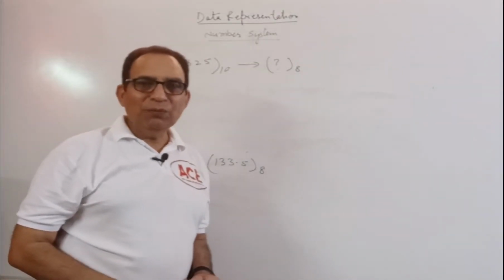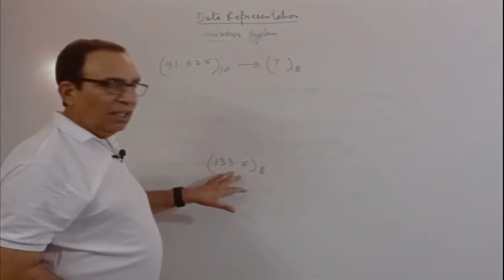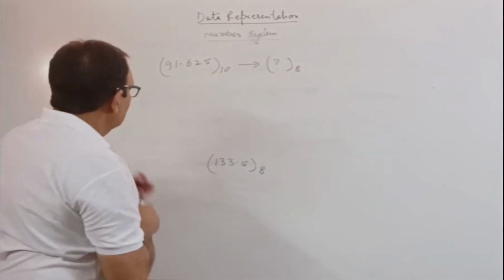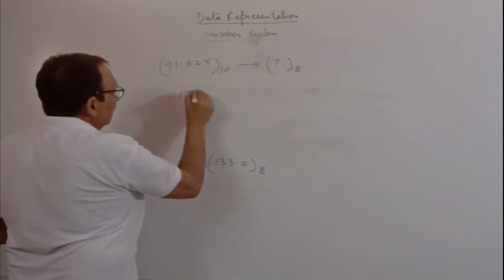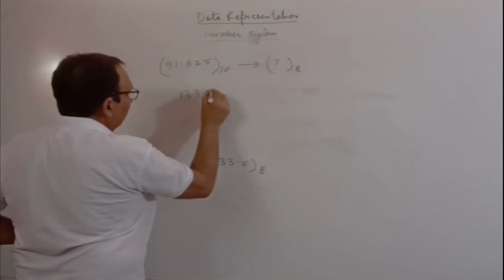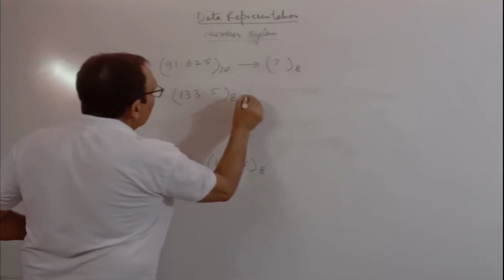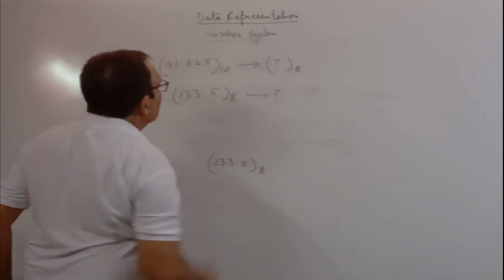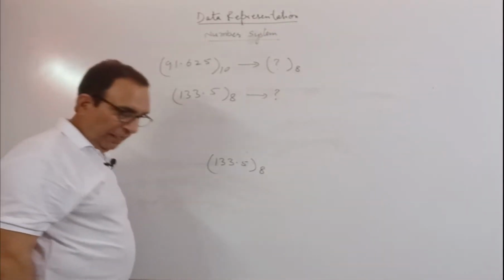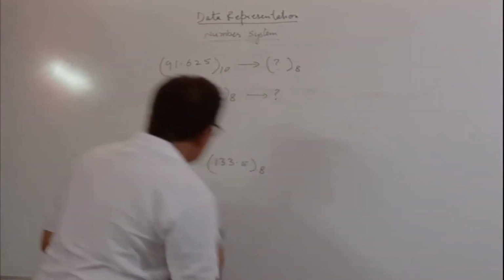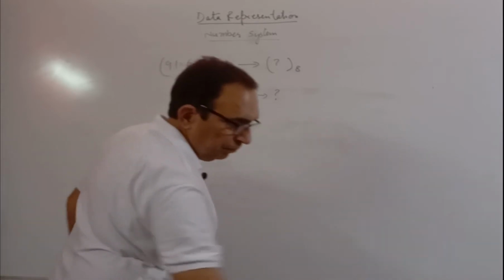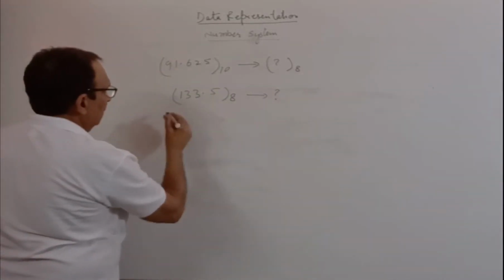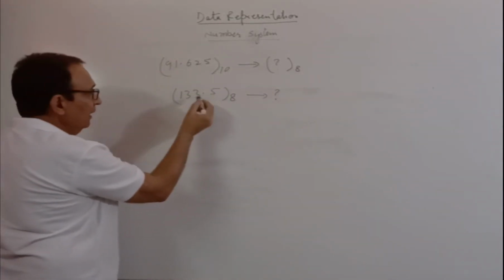Now we learn how we can convert an octal number to a decimal number. So write this one, 133.5 base 8 is to be converted into the decimal number. Very simple it is. This is 8 here.